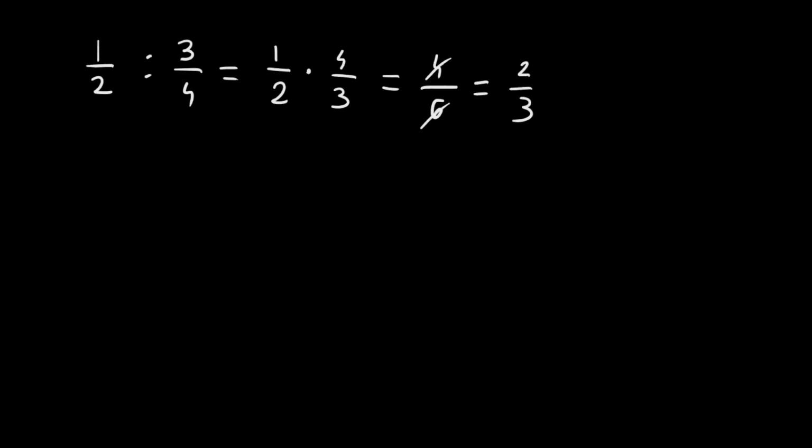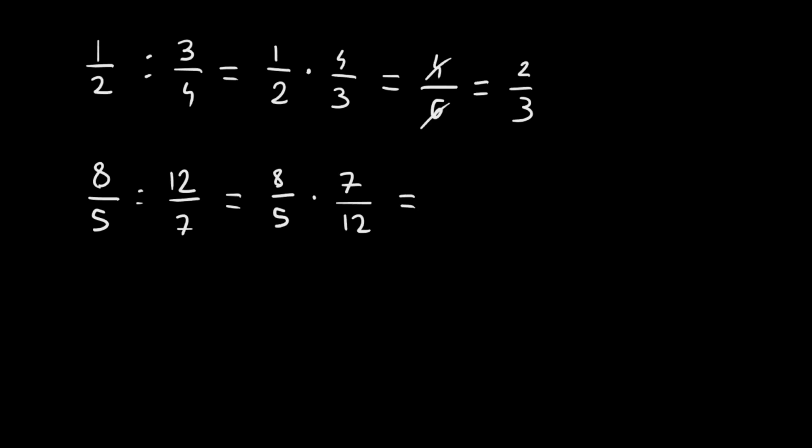Now let's try this one. Let's say we have 8 over 5 divided by 12 over 7. So again, we keep the first fraction, 8 over 5. We turn division into multiplication, and we flip upside down the second fraction, so 7 over 12.